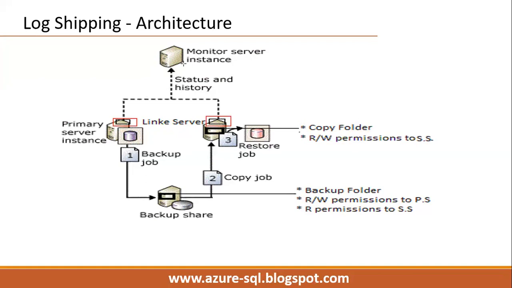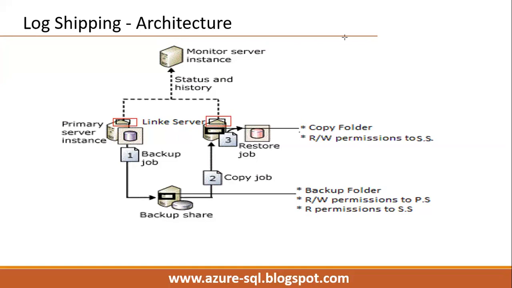That's why we have seen that an L1 DBA, a junior DBA, can be allowed to work on this server, so that he need not go to the primary or the secondary. He can monitor log shipping here. If any errors are there, he will escalate to our L2 team, level 2 team, for example.